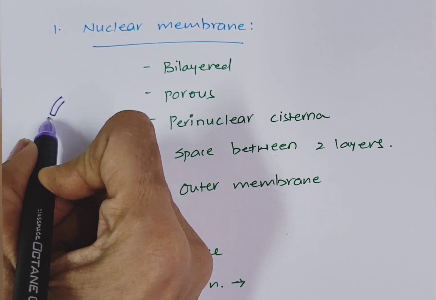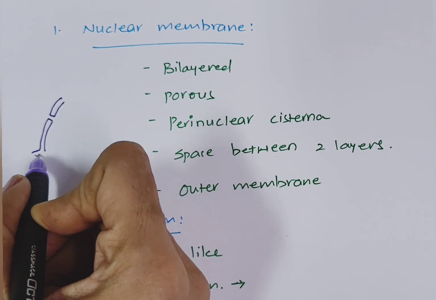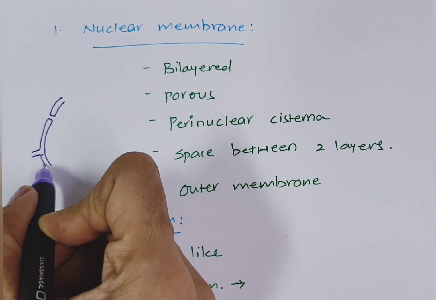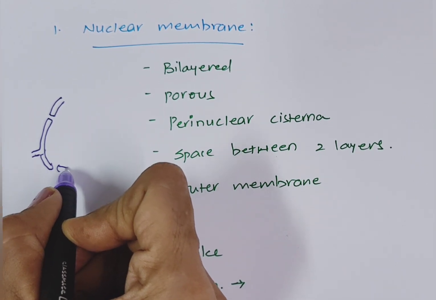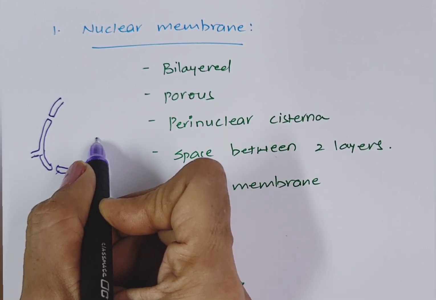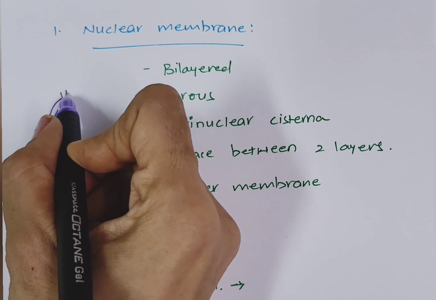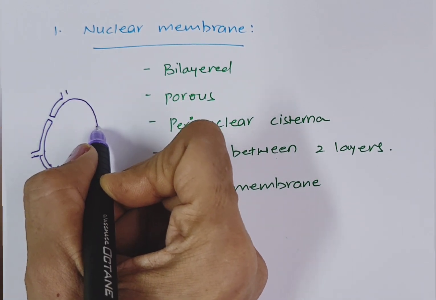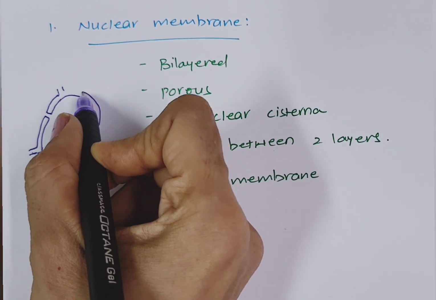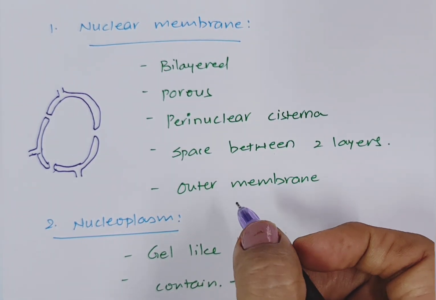It has pores like this and it is bilayered. And this one here you can see like this. We can draw the membrane. Okay, this way. We'll discuss why these gaps are left here. So this is the nuclear membrane. Okay, so bilayered, porous. That is the thing.